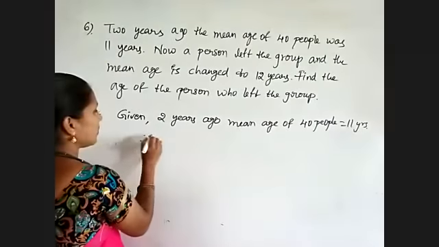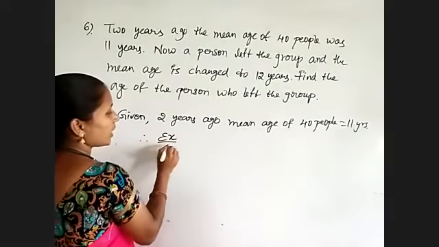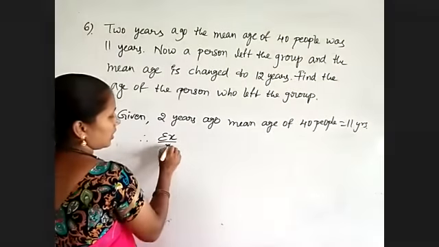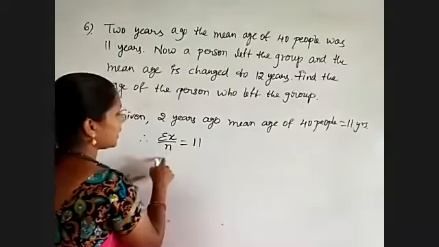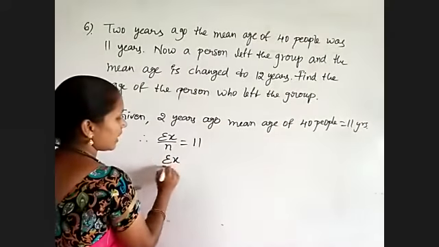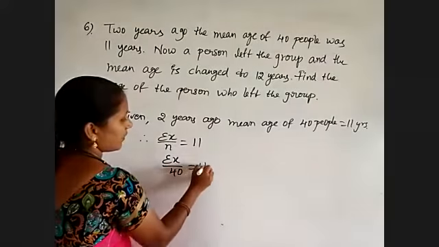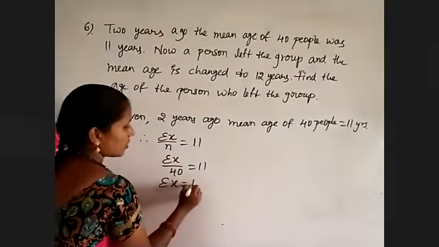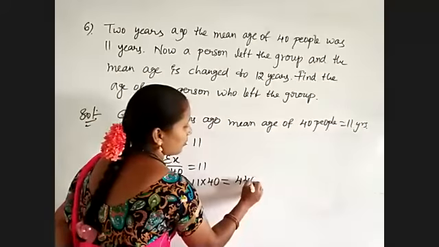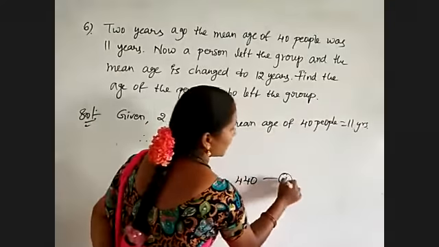That means sigma x by n equal to 11 and n value is 40. So sigma x by 40 equal to 11. Sigma x will be equal to 11 into 40, that is 11 4s are 44, 440. Let it be equation 1.